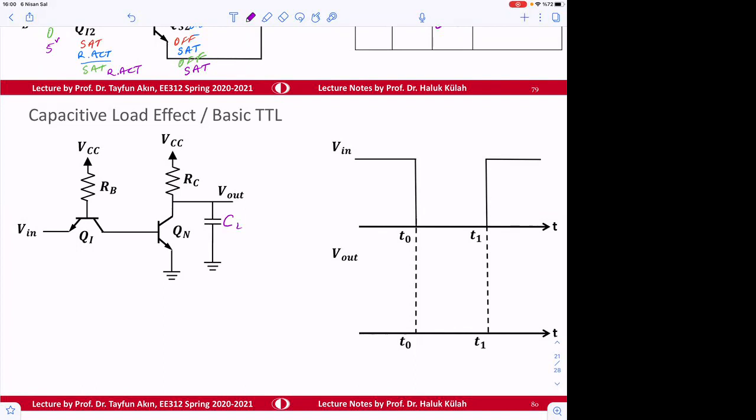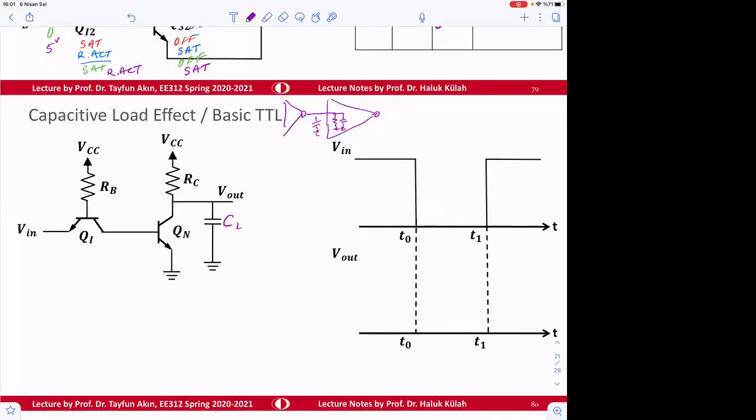When we model the next stage, there is going to be an input resistance, and there will also be capacitance effectively. So even if the resistance is infinity, there's going to be capacitance. This capacitance comes from maybe the next stage or from the lines, because the output is taken from somewhere and then carried to some other place. So in this line, there might also be some capacitance.